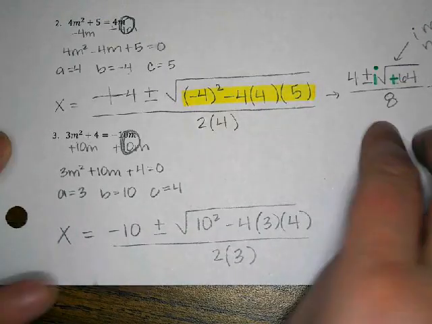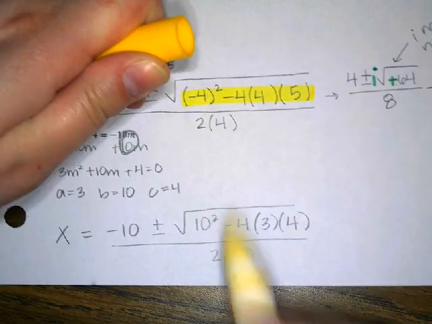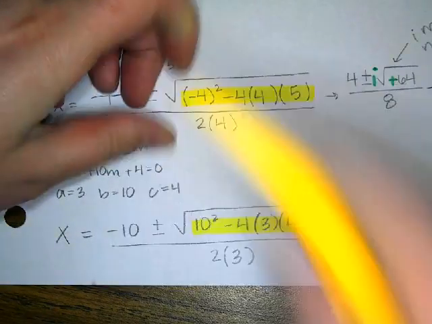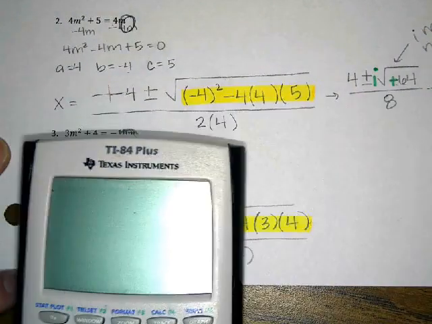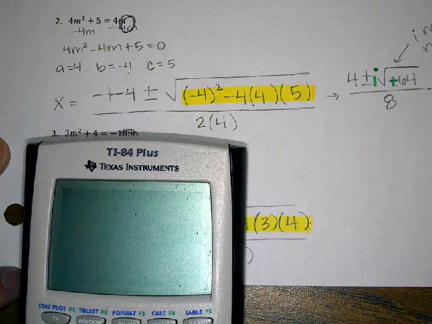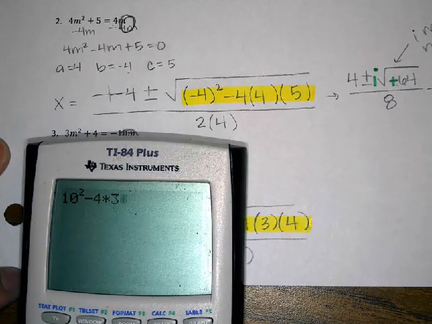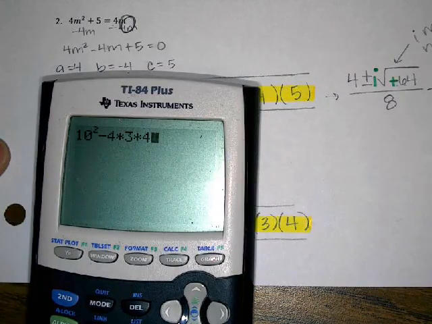So we're going to take this. We are going to plug in just the discriminant. And what are you guys getting? 52.